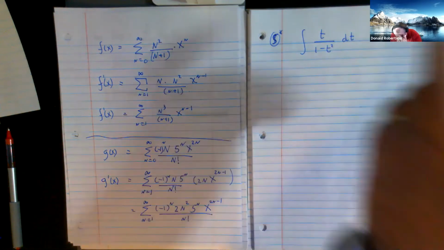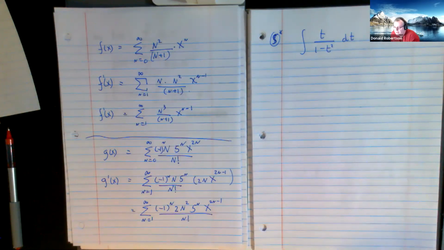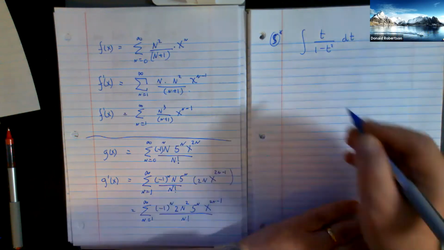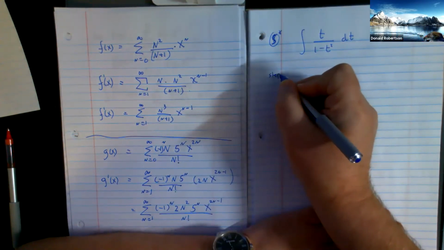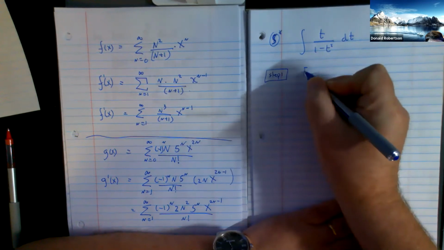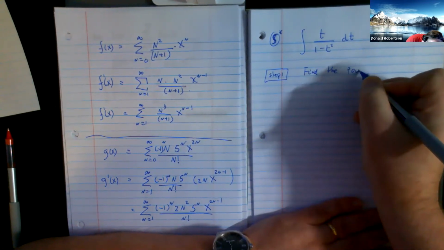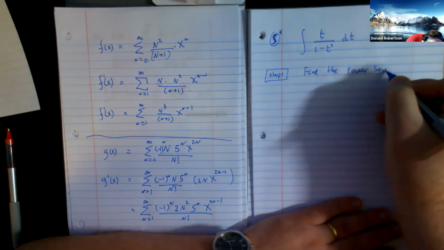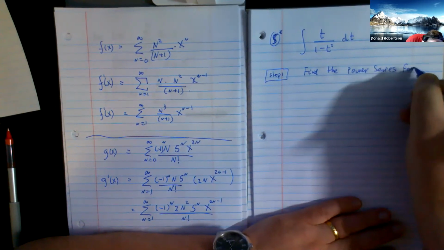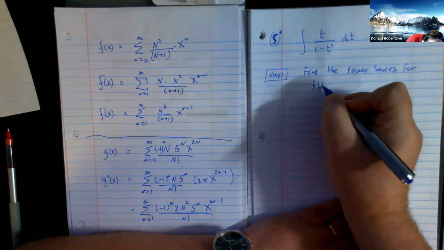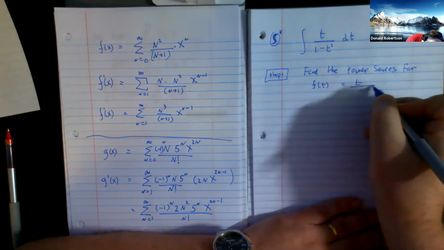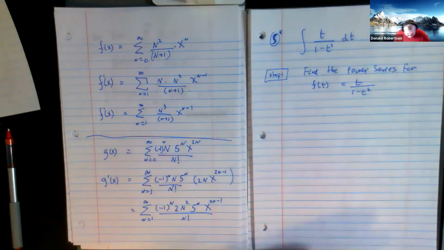Okay, I mean the variable's called t, but it could have been called x, y, z, it wouldn't matter. First step. Find the power series for this fella.